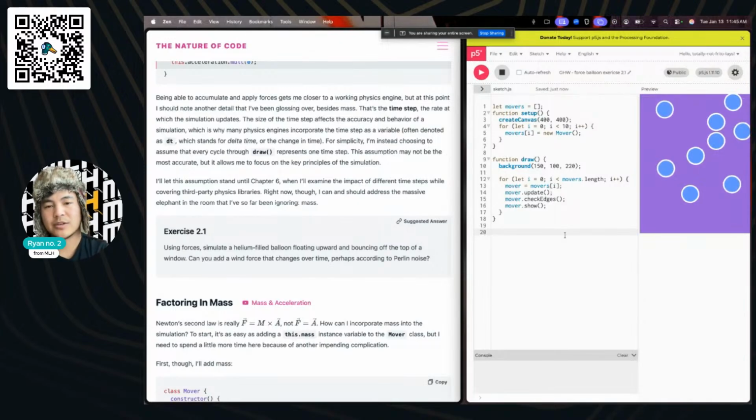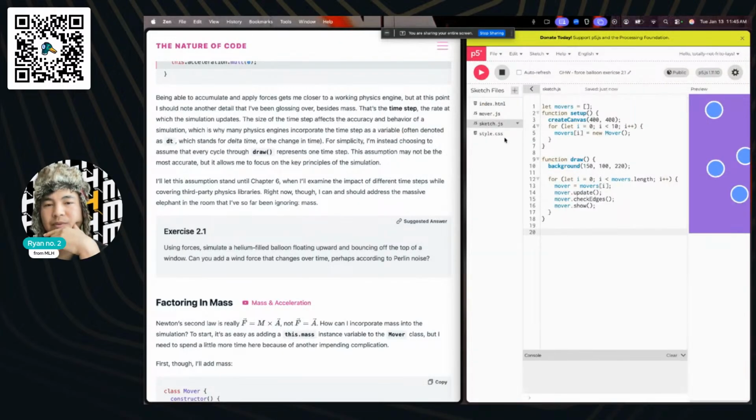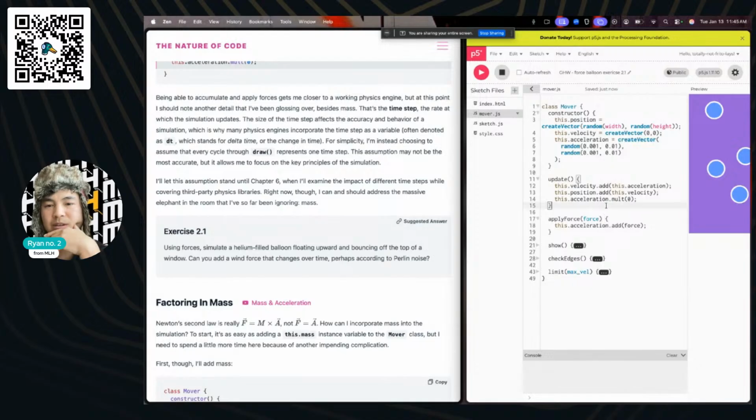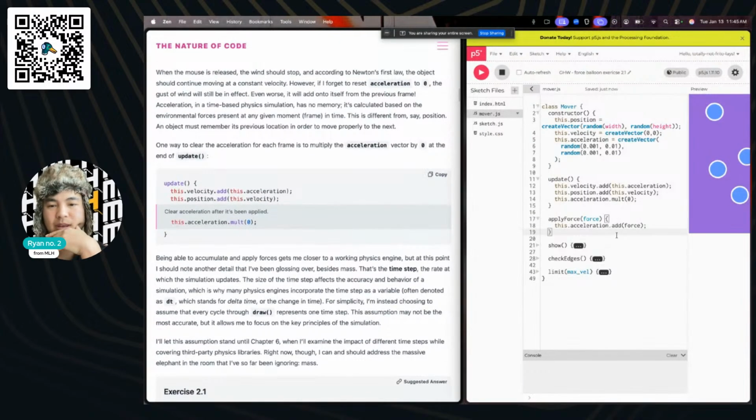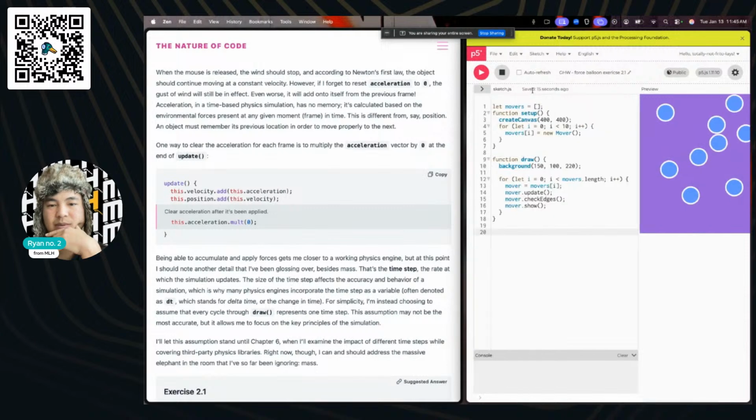We've already pretty much finished the update function and the apply force function, because we've been following along over here. And so now we should be adding things together. That makes sense. So what we need to do is create the wind force, which should be something that is done out here.